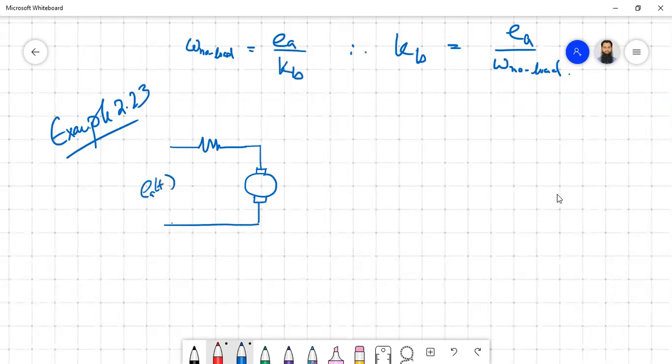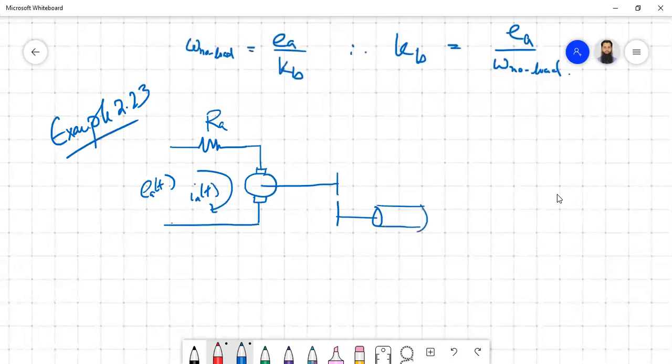EA(t), IA(t), then we have RA, and also using a gear, the load is also connected. Okay, so this is the case. The parameters given here are N1 equal to 100, N2 equal to 1000.